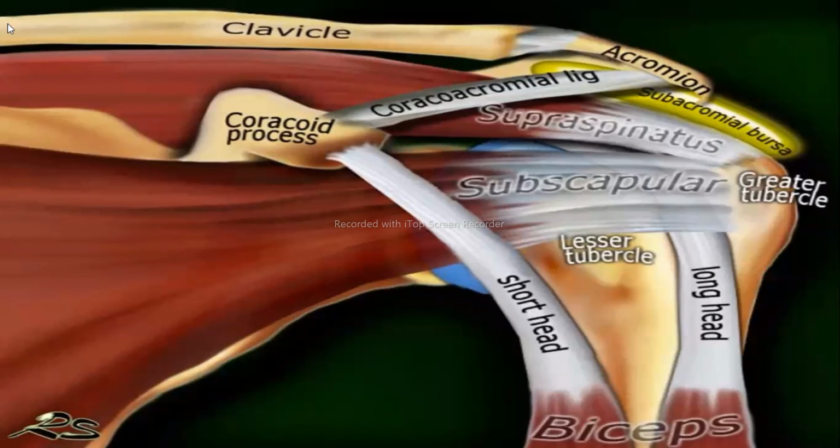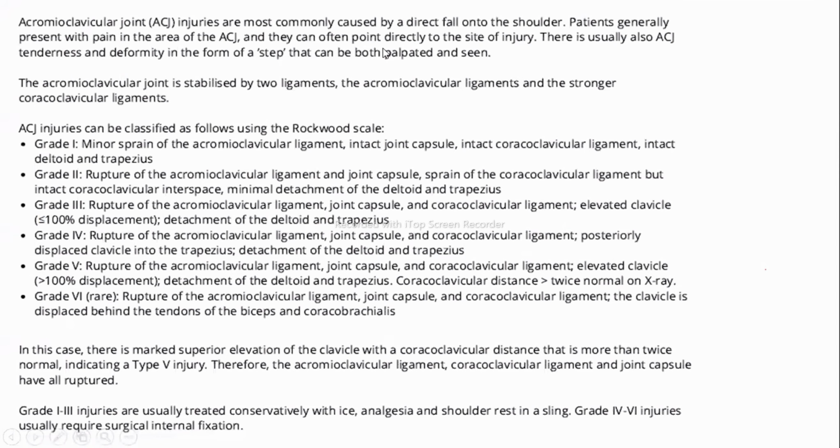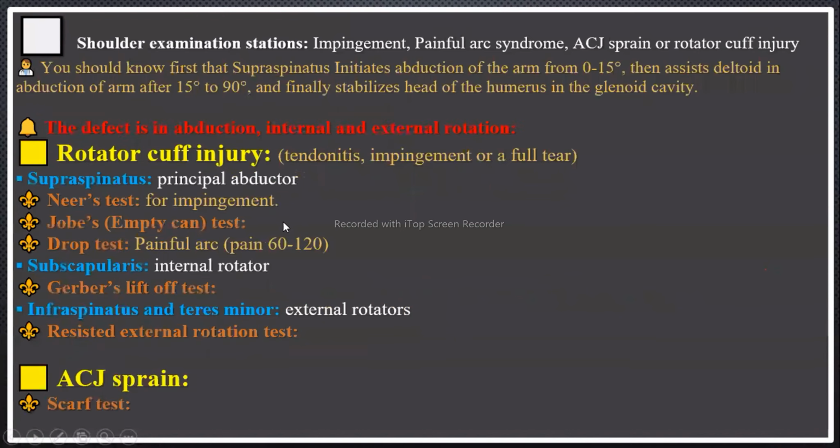When you go along the clavicle from here, it's normal. Suddenly your hand will go down. It's called step deformity, like you are going down stairs, from up to down. Okay, and also the scarf test.